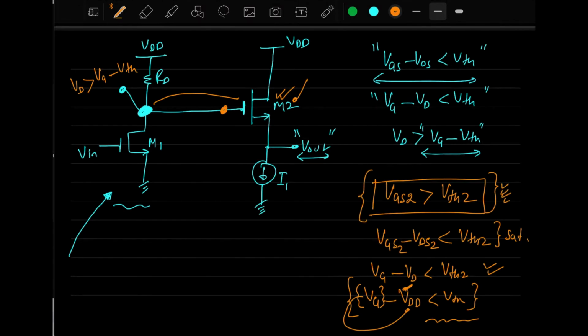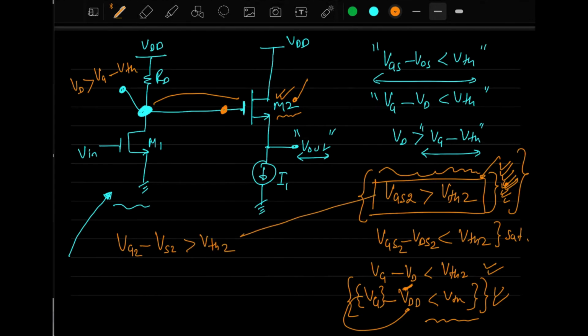We want this condition also to be satisfied, because if it is not satisfied, the MOSFET M2 will be in cutoff region. We want MOSFET M2 to not be in cutoff but in saturation. For saturation, this is already satisfied. So let us see what minimum voltage is required here so that it is in saturation. To avoid cutoff, we want VG minus VS to be greater than VTH2.